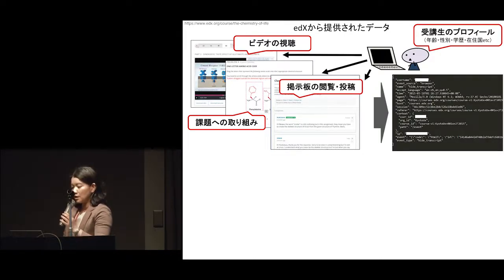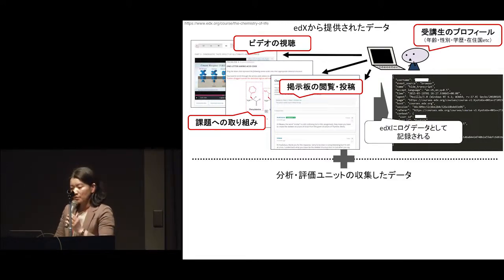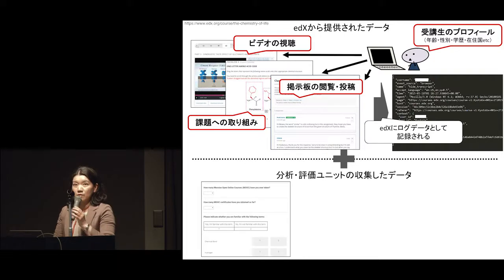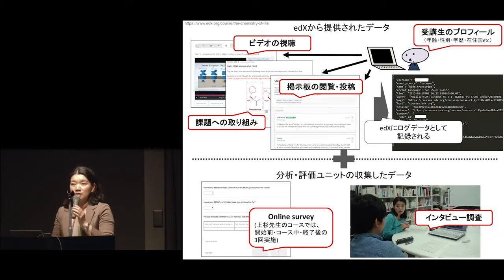We received this log data from edX, and plus the center ran a survey with questionnaires as well as interviews, and tried to understand how students receive this flipped class.